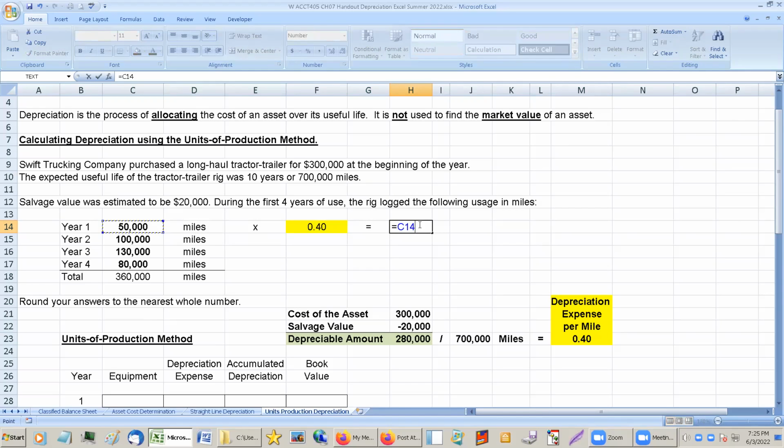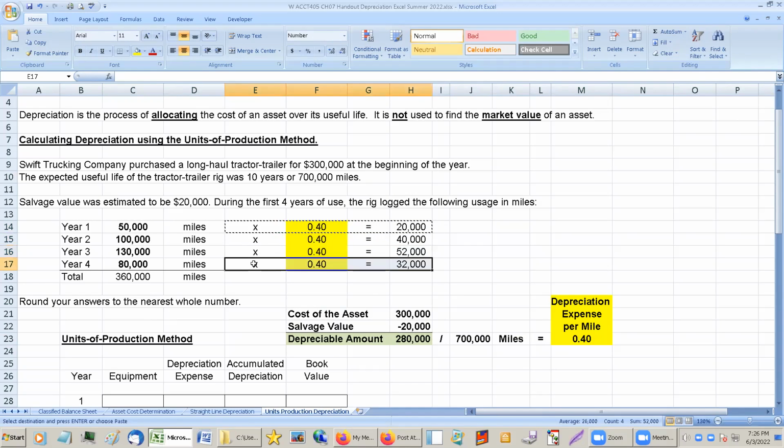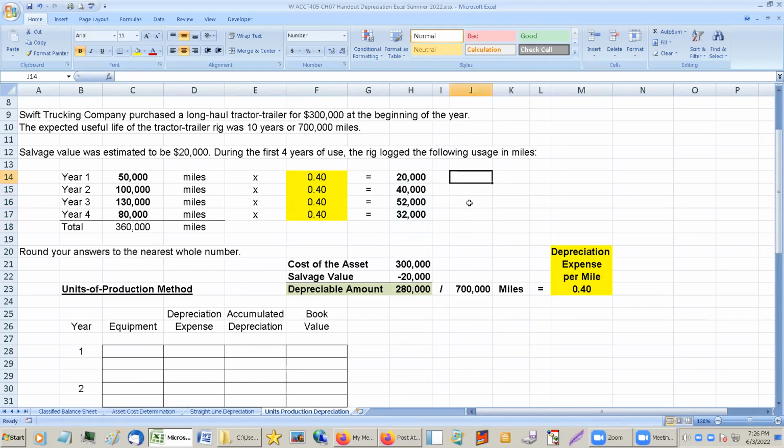So 50,000 times 40 cents. This will be the depreciation expense for the first year, and we're going to do that for each of these years. So these will all be the depreciation expenses.